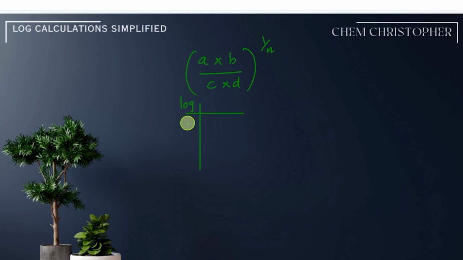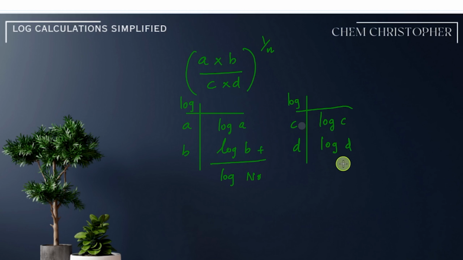I have to take log value of a, so log a, and here b, log value of b. If I add it, I'm getting log value of numerator. Got it? I'm going to take log value for c, and log value of d, let me consider this value log d.